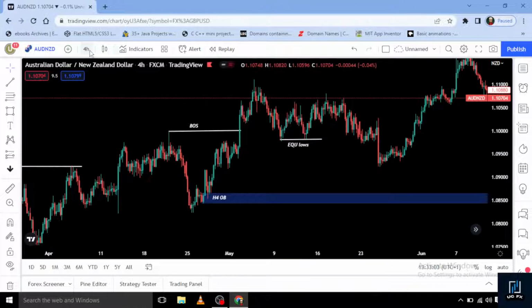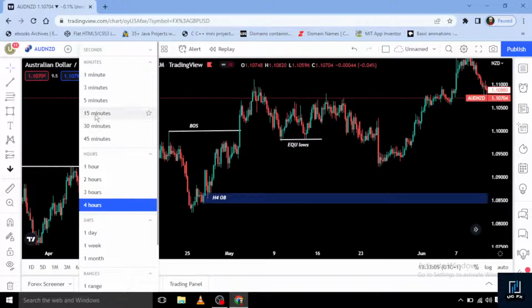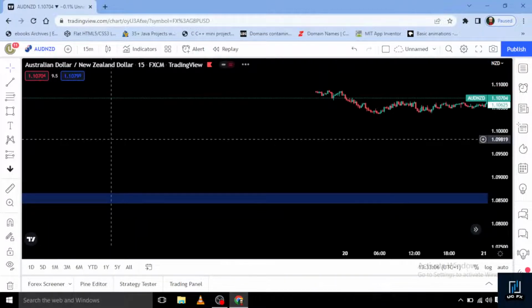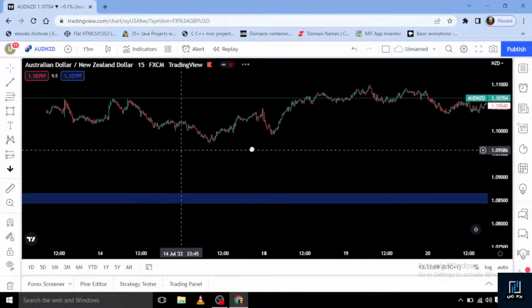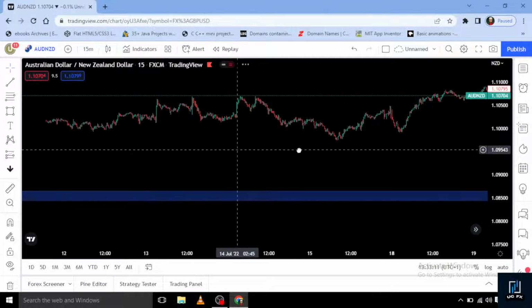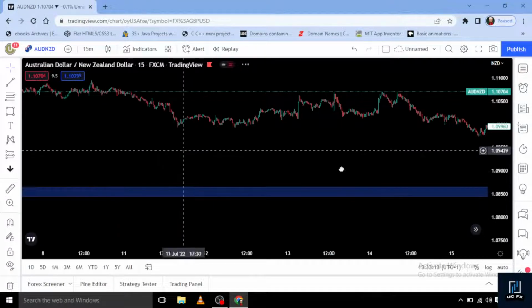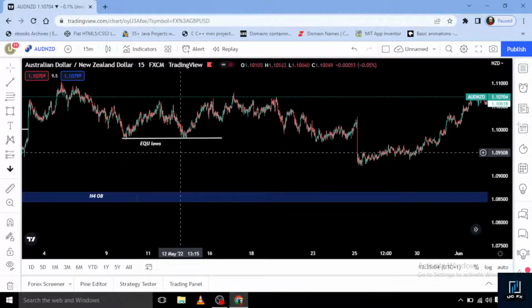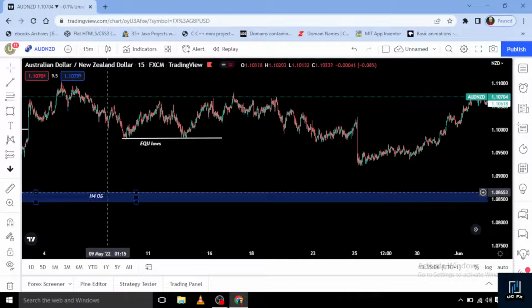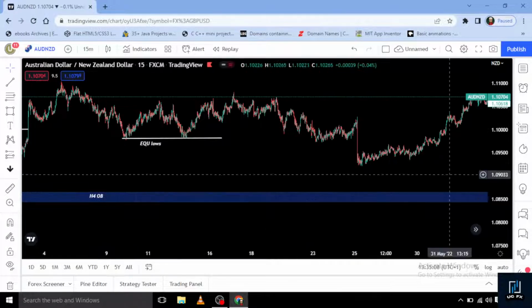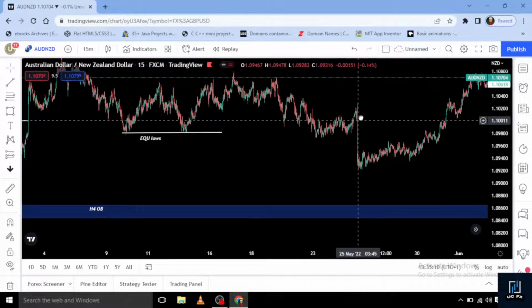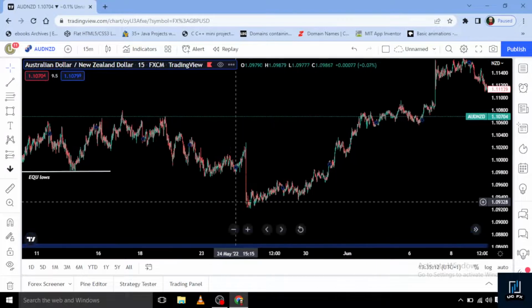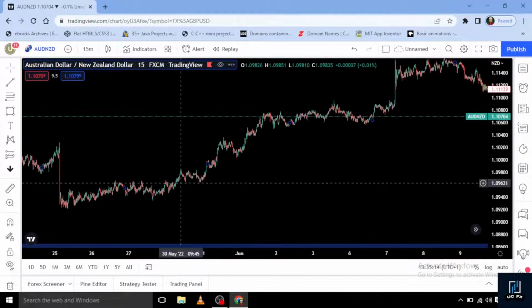So let's go to our 15 minutes time frame. So here we are on our 15 minutes time frame. This is our equal lows, this is our H4 order block. So this is our price. We need to spot a 15 minutes order block as well.